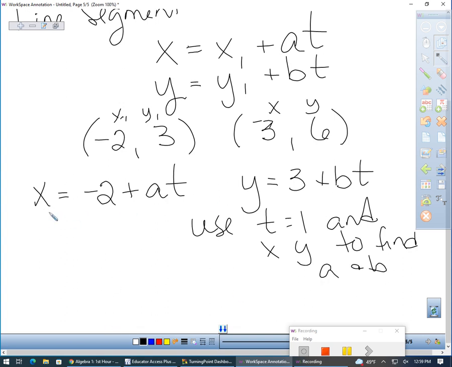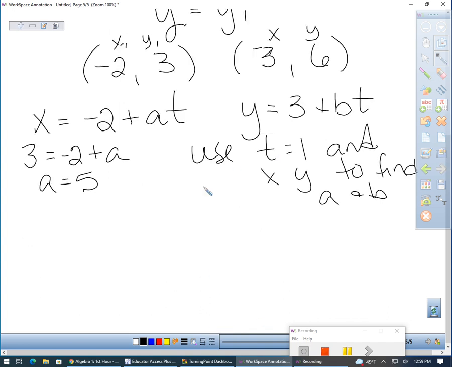All right, so in the first one, I have 3 equals negative 2 plus a, which means my a value is going to be 5. All right. In the second one, I've got this one. I'm going to plug in 6 for y, so I have 6 equals 3 plus b, which means b equals 3.